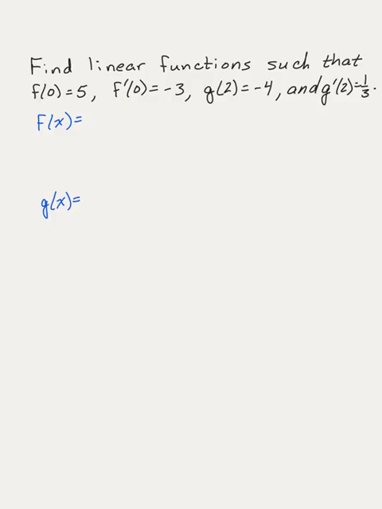And so in this situation, you would just simply use your slope or point slope form, which would be y minus y1, which is 5, equals m, which is your slope or derivative, and that is negative 3, times x minus x1, which is 0.